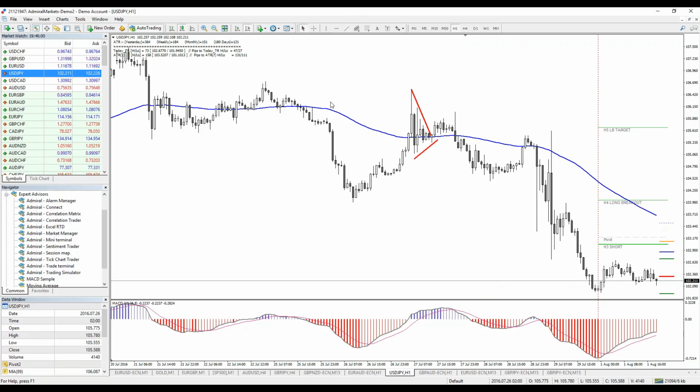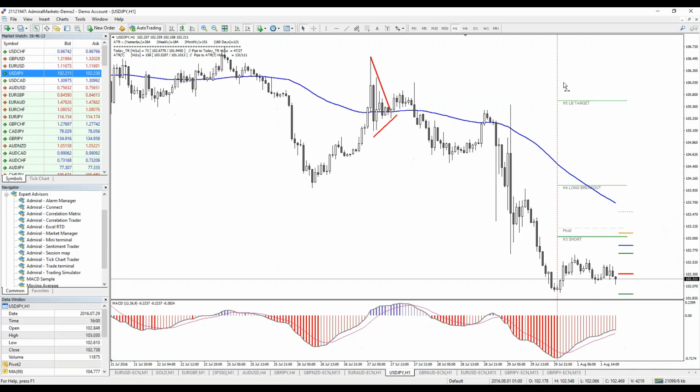But as I say, you cannot just trade a chart pattern. You need to have a confluence. So dollar yen, there is no false cup and handle. If you are referring to this as cup and handle, actually this was like a bearish squeeze here and the price went down.